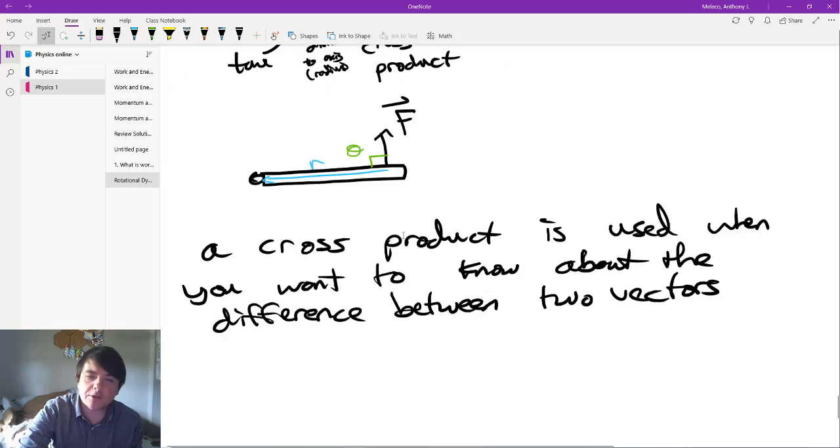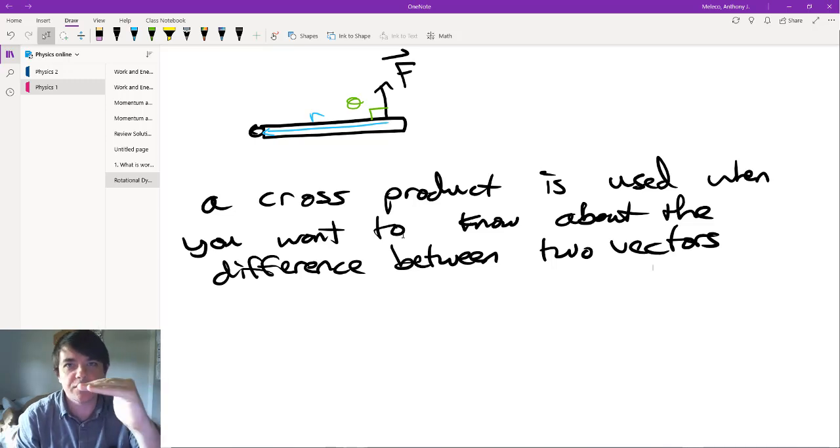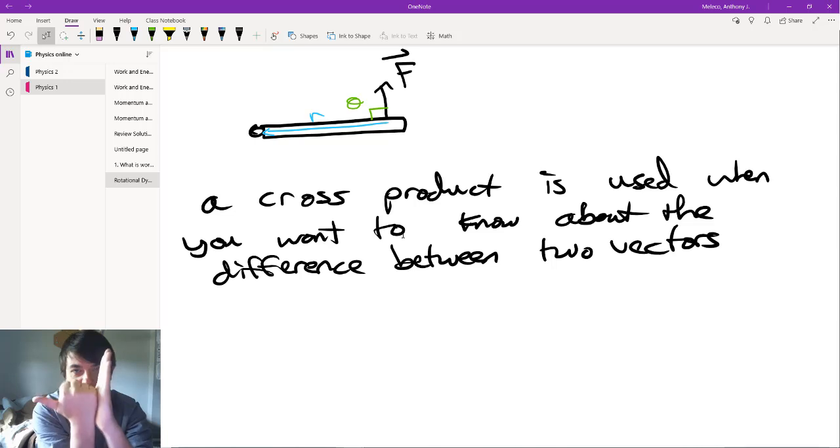Remember, a dot product was when we wanted to know how similar they are, right? If we were pushing on a box and pushing to the right and the box was moving to the right, those vectors weren't different at all, and so the work applied was maximum. But if the force you were applying was perpendicular to the displacement, then no work was done at all.